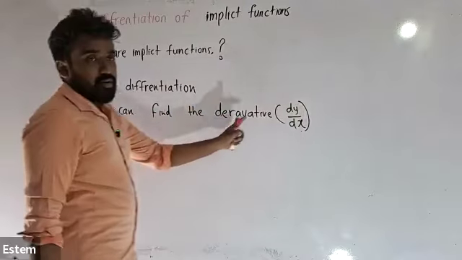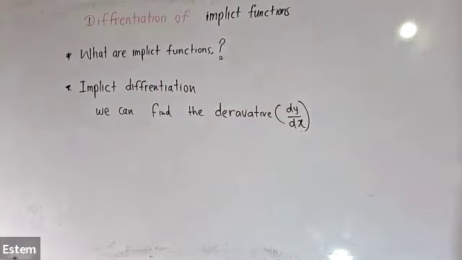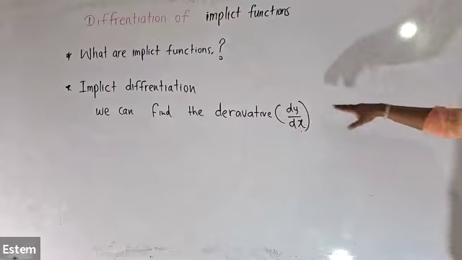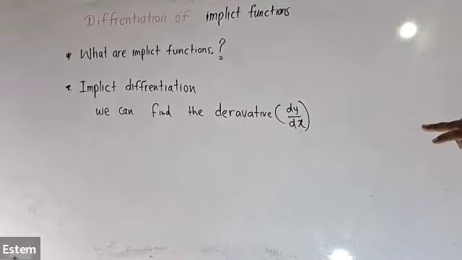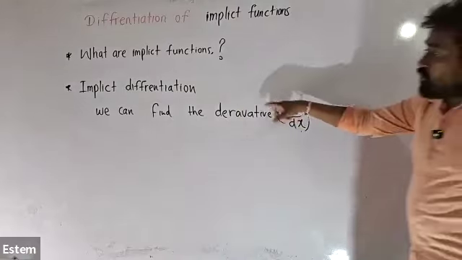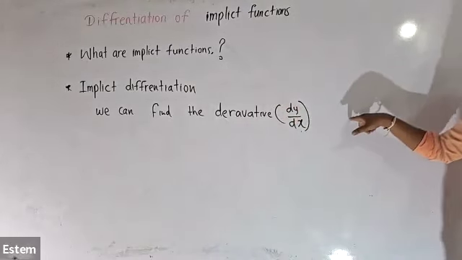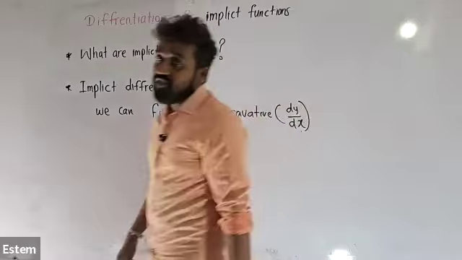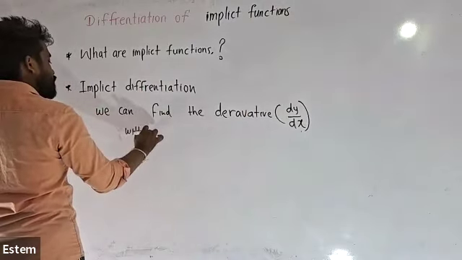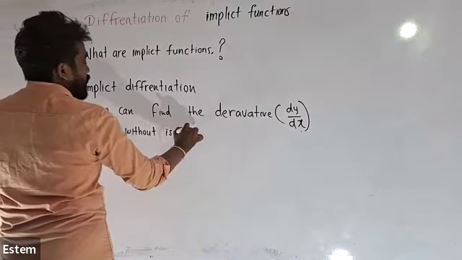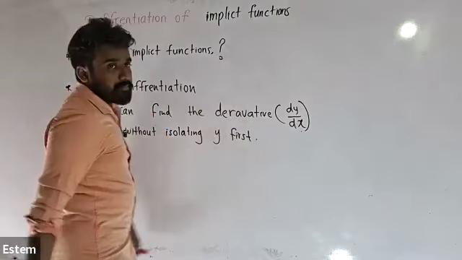Write this in brackets: we can find the derivative dy over dx of an implicit function without isolating y first.